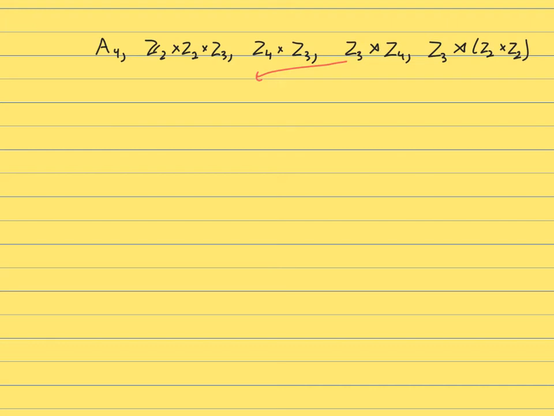So what happened here? Well, we had our element A of order 3, whose cube is the identity, and our element B of order 4, whose fourth power is the identity.